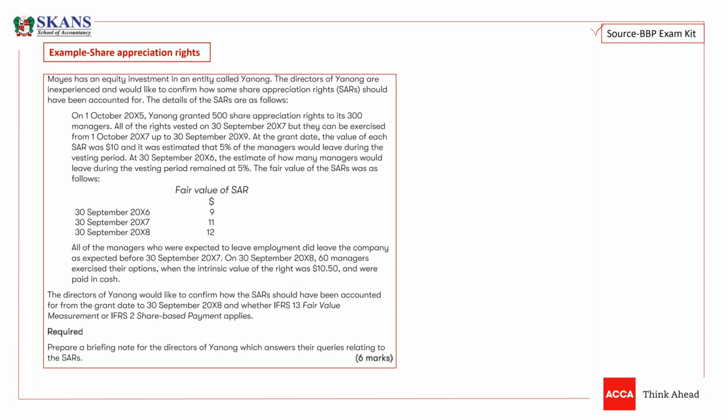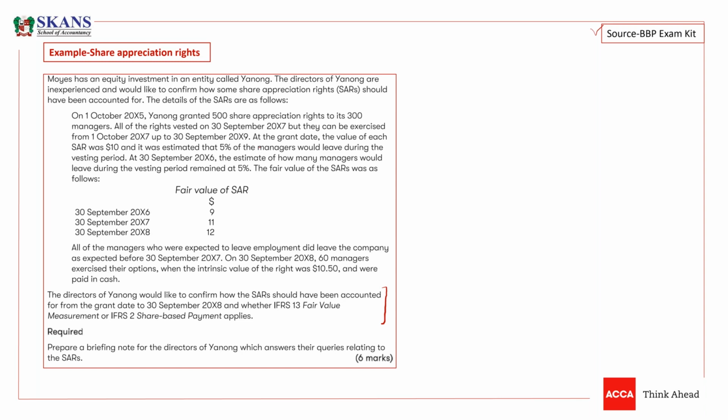Prepare a briefing note for the directors of Yanong, which answers their queries related to the SARs. Sometimes the questions have hidden requirement here. Look, this is the requirement. What are their queries? What they want to know would be the question, guys. So what is the question, guys, here? Listen carefully.